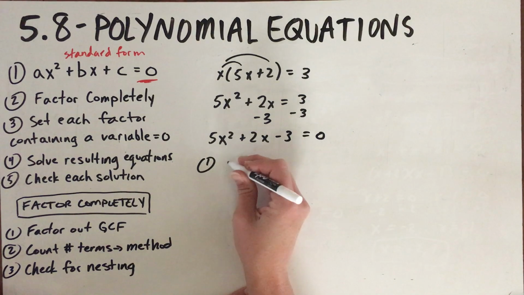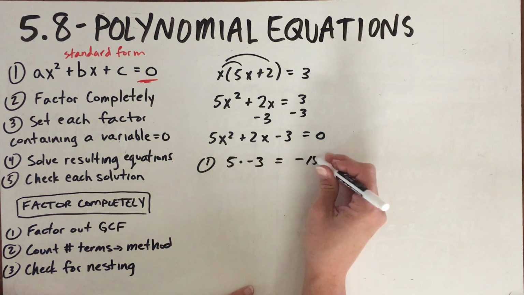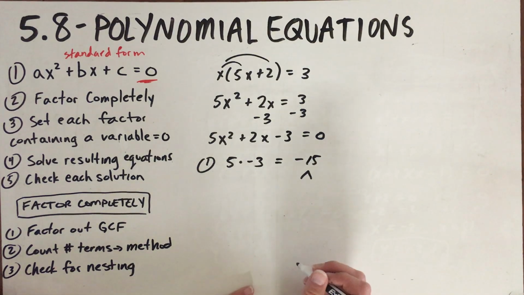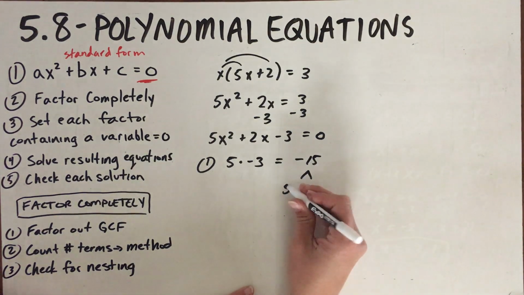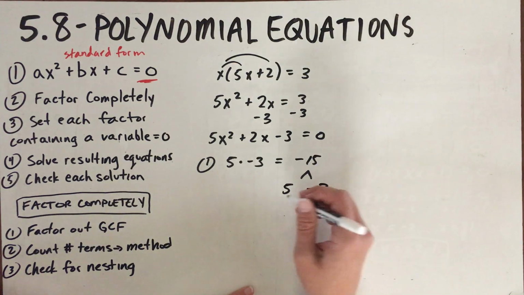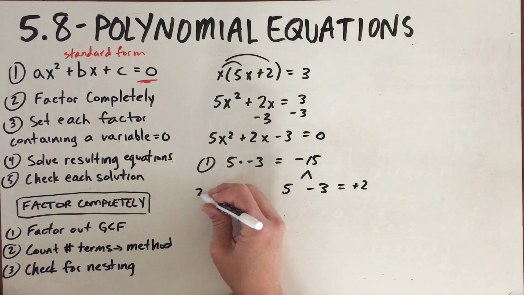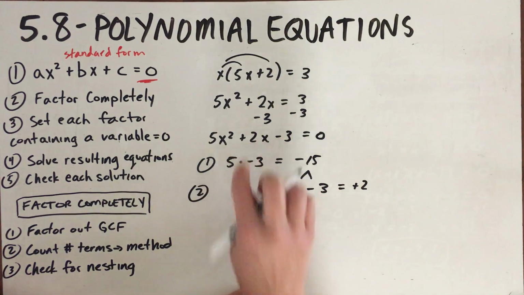So my first step here is going to be 5 times a -3, which is going to give me a -15. Factors of -15 that are going to sum to a +2 are the 5 and the -3 that I just multiplied together. These multiply to the -15 and they sum to a +2. So I need them to sum to the middle one.